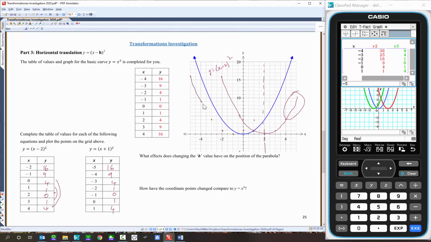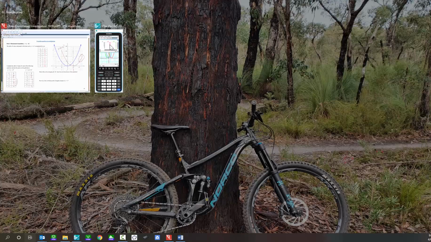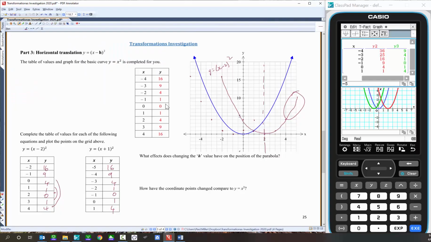Okay, here we go. I'll try that again. Okay, so that is y equals (x plus 1) all squared. Okay, so again, noting that it's that blue graph, all moved 1 unit to the left.